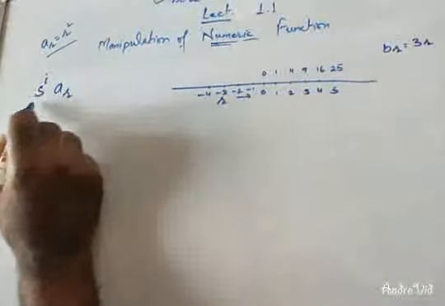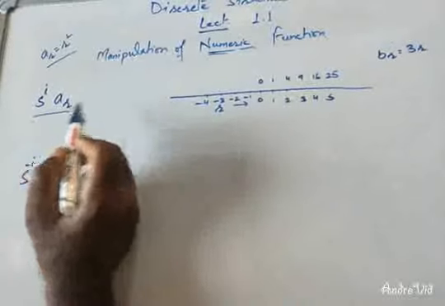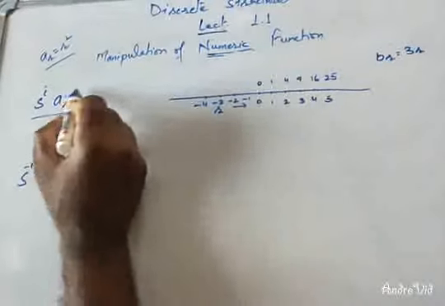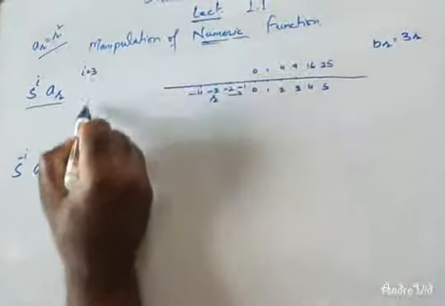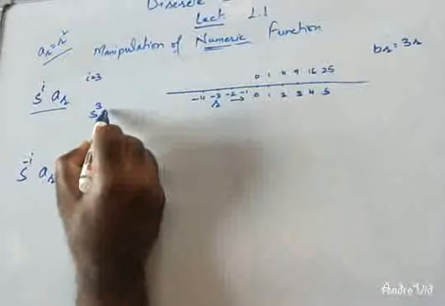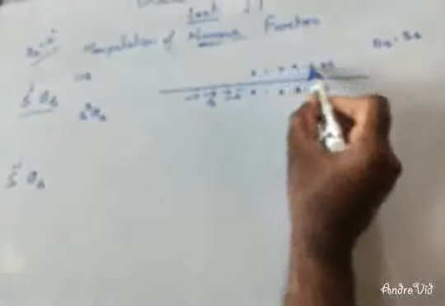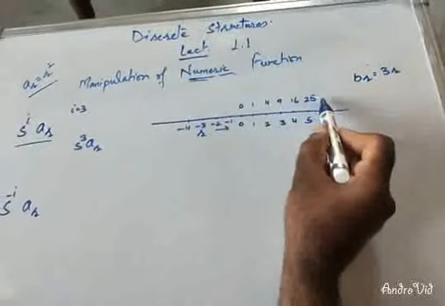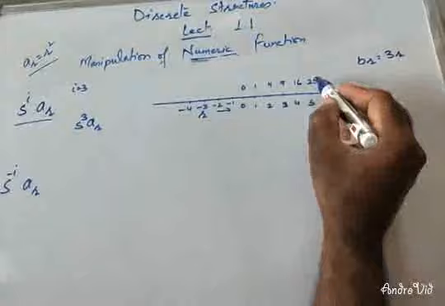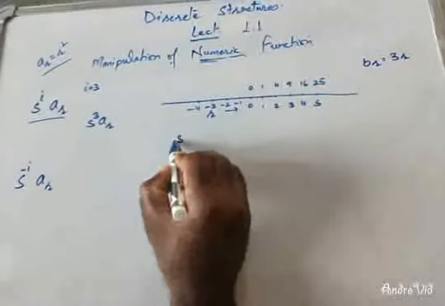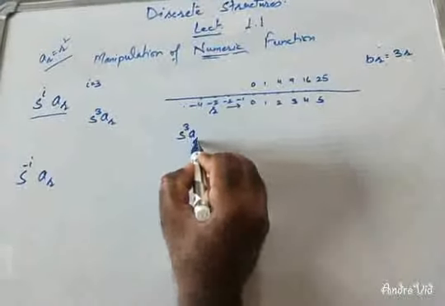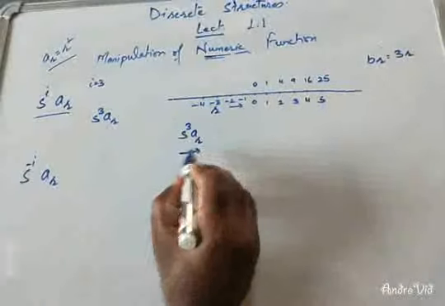So if we are shifting this AR in the positive direction, where value of I is 3, so if we are shifting AR in positive direction with 3 steps, all these values 0, 1, 4, 9, 16 and 25 will be shifted in right direction. So S3AR will shift in this particular direction.